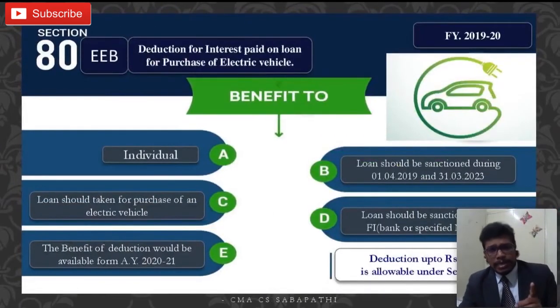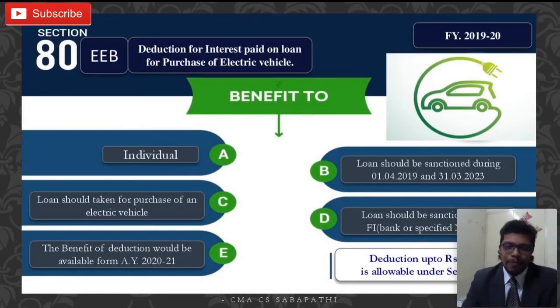Then comes 80EEB. See here, this is for the promotion of electric vehicles to eliminate the usage of petrol vehicles. They are encouraging solar as well as electric vehicles. This section is purely for those who are going to buy new electric vehicles.